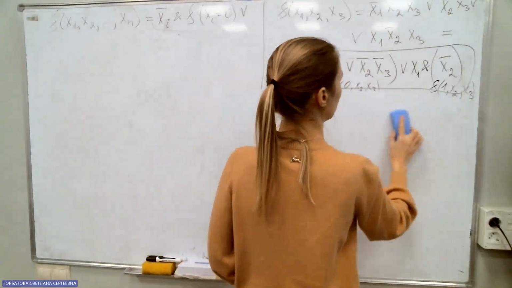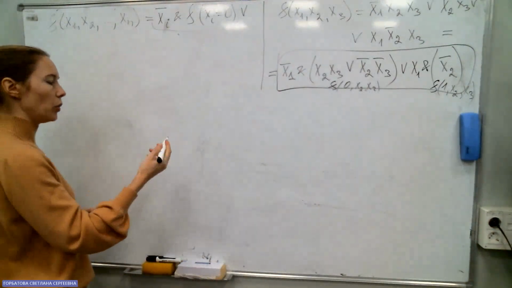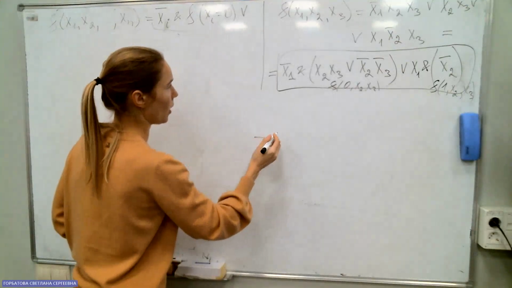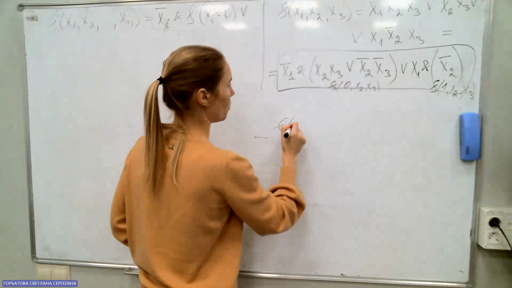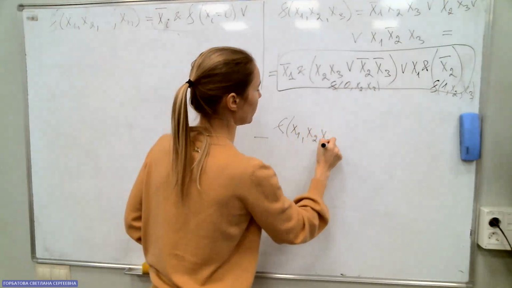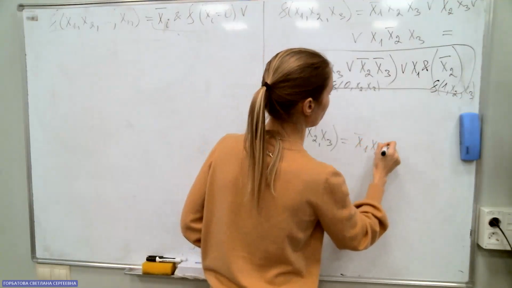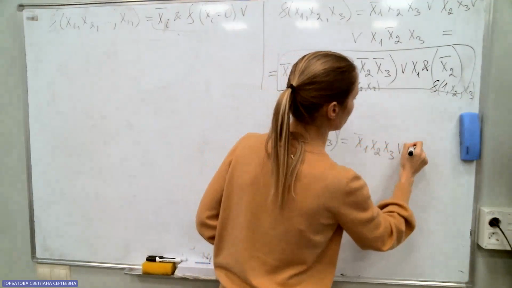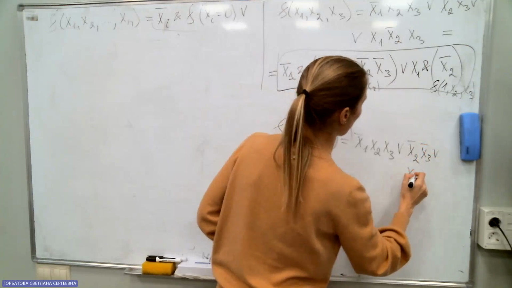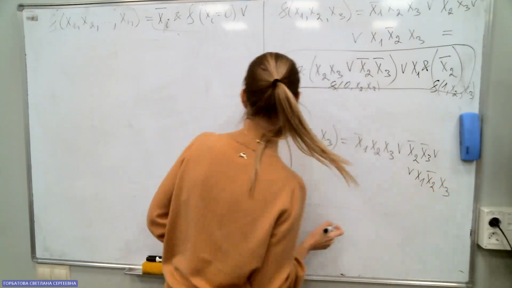Okay, so let's do it. First of all, we eliminate x1. This is our function f of x1, x2, x3: not x1, x2, x3 disjunction, not x2, not x3 disjunction, x1, not x2, x3.